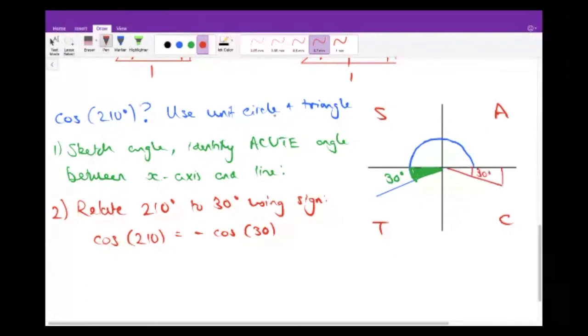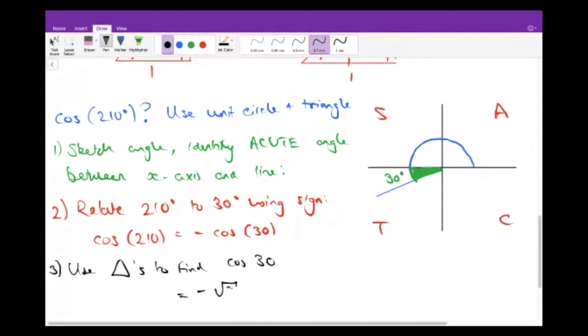So that's how this method is going to work. It uses the symmetry of this unit circle to say that it's the same number, just with now a different sign. And then finally, step 3, we use the triangles to find cos 30. So cos 30 is equal to root 3 over 2. So this is minus root 3 over 2.